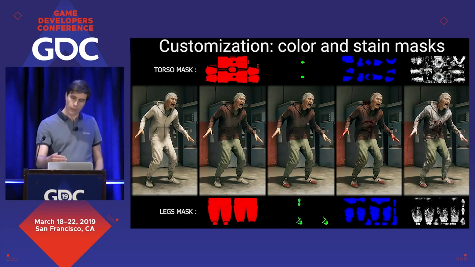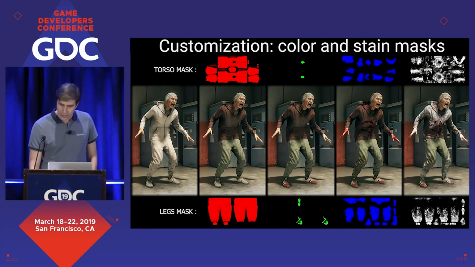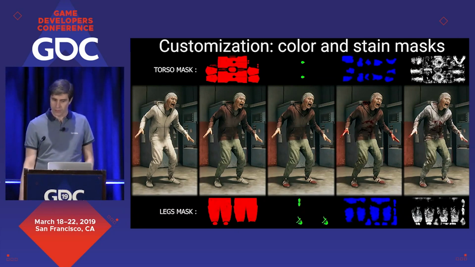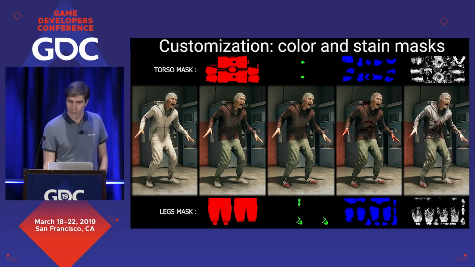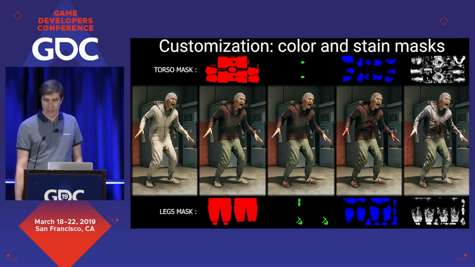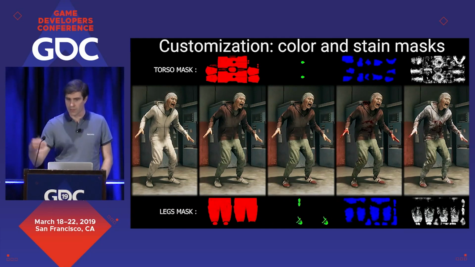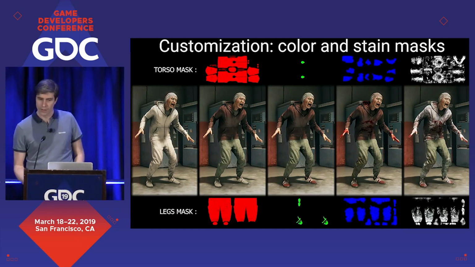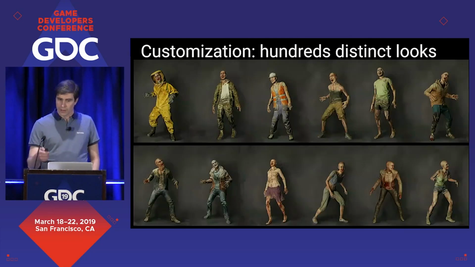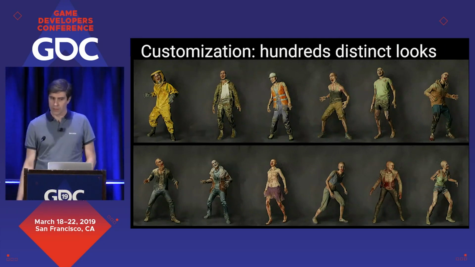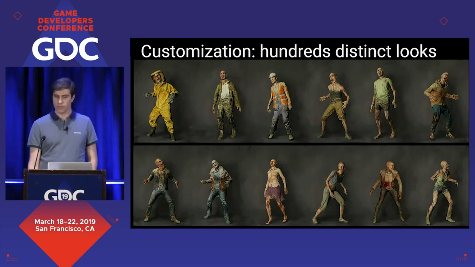Then we add blood and dirt masks on top. Dirt stains and blood stains, and then we add snow stains in case the zombie is running in a snow level. This all together allows us to create hundreds and hundreds of distinct looking zombies.